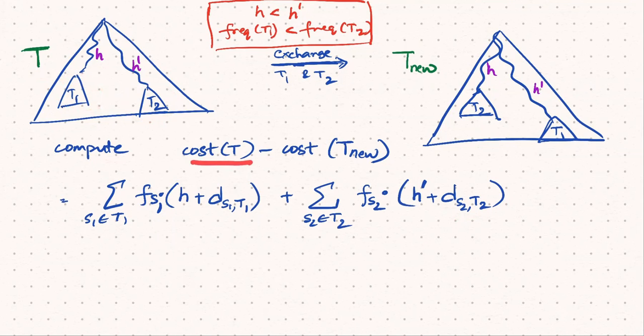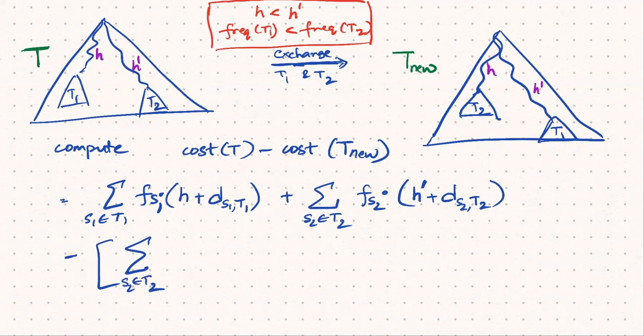Okay, so that is this. And now we can say the minus. Now we just have to similarly write out an expression for this. We have to capture the contribution of the symbols in T2 and T1 to the cost of T new. So that is going to be a similar expression. If I look at these symbols here, it's again simply going to be the symbols in T2.